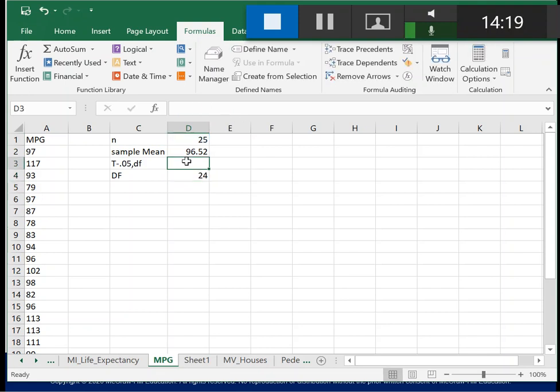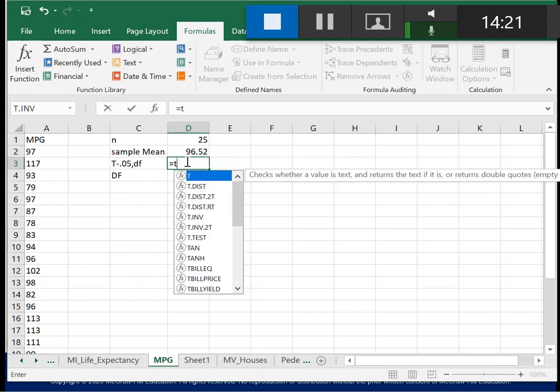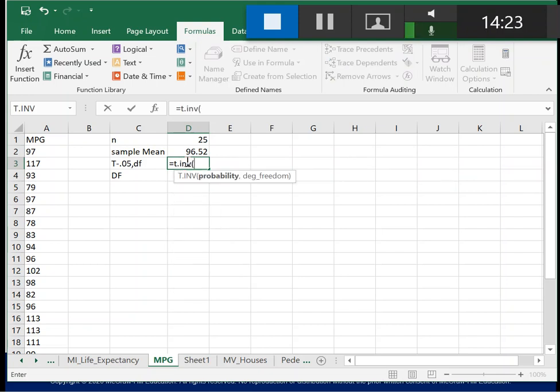So my t-value here, remember that's going to be that t dot inverse. Remember, it's calculating the right tail. So if I'm looking for what is the probability that there's 5% in the right tail, I've got to say 1 minus that, so my probability is 0.95, meaning there's 95% probability that everything falls to the left of that right tail.